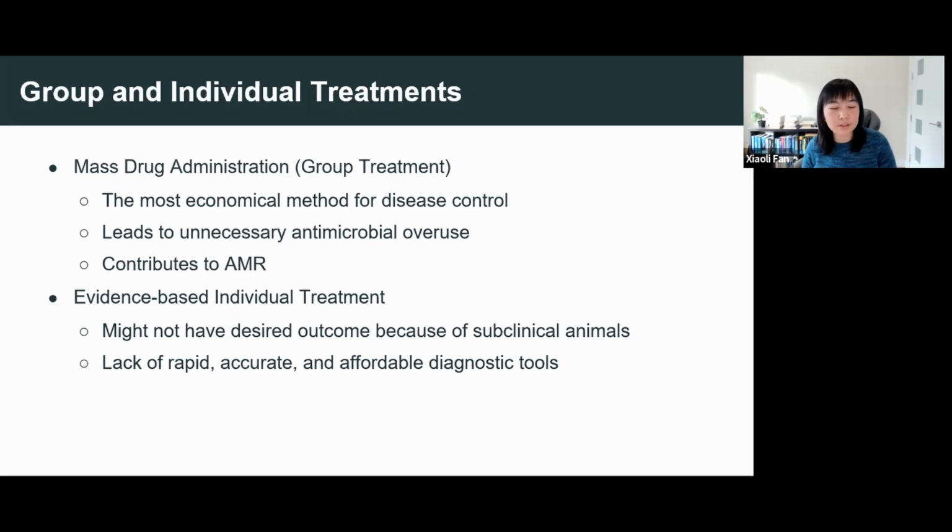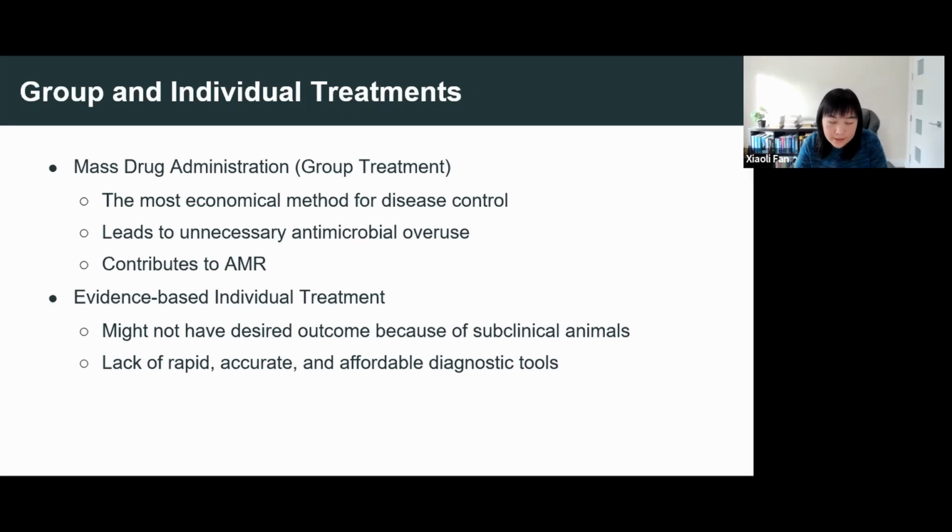It's kind of similar to COVID, where you might carry the pathogen but there haven't been any symptoms. And if you're in a confined setting where many animals are together, and you don't administer antimicrobials to all the animals, then there's a very high risk of disease outbreak.